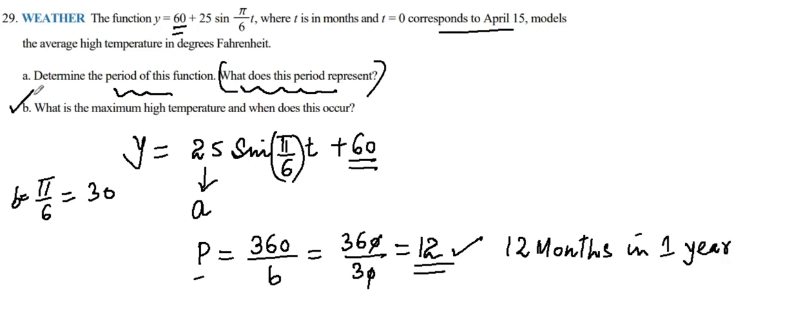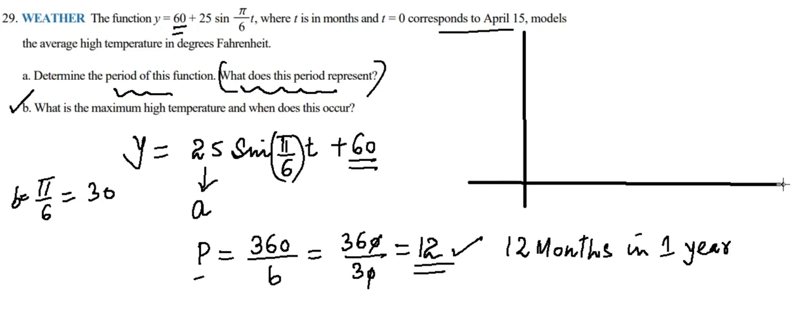Then they're asking what the maximum or minimum is. If I need to draw the graph of this, how would I draw it? This graph will help you answer all the questions about maximum and minimum. The middle line is k, which is 60. This is the middle line.